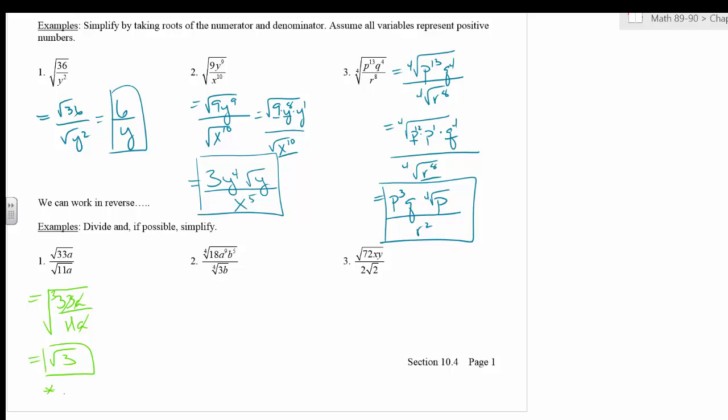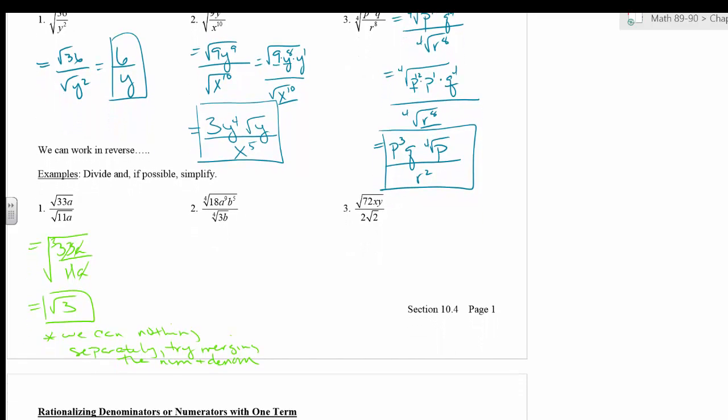So if we can do nothing separately, try merging the numerator and denominator and see if you can at least simplify or cancel something.